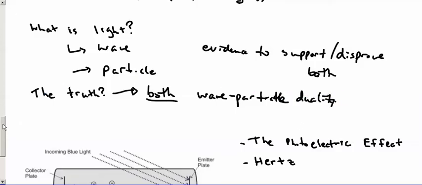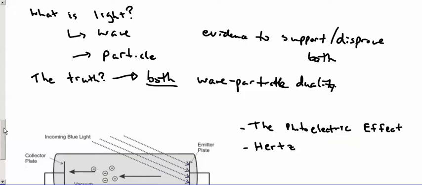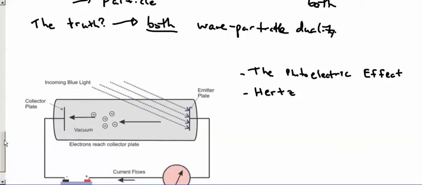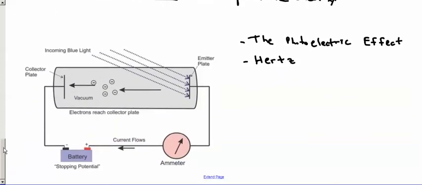One of the pivotal moments in this entire discussion was an experiment by Hertz. It was called the photoelectric effect. According to classical mechanics, if you shine light on a metal plate, you can get electrons to be knocked off.